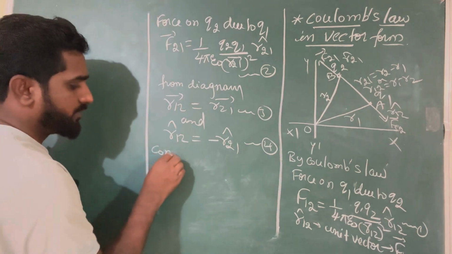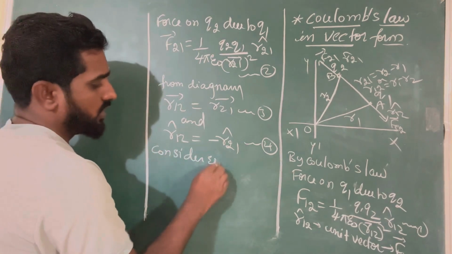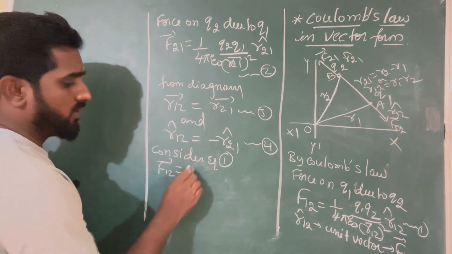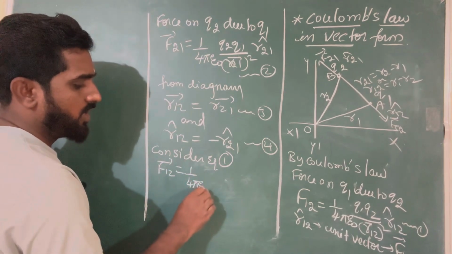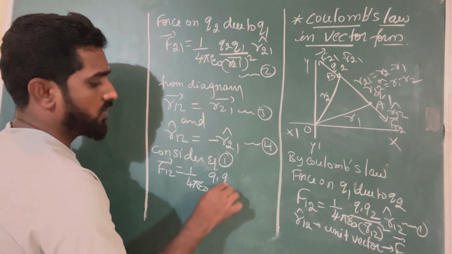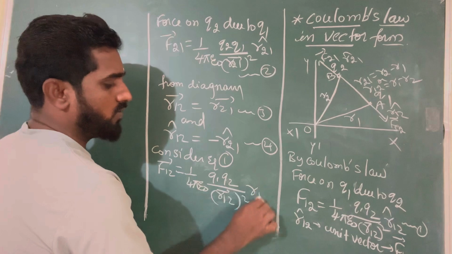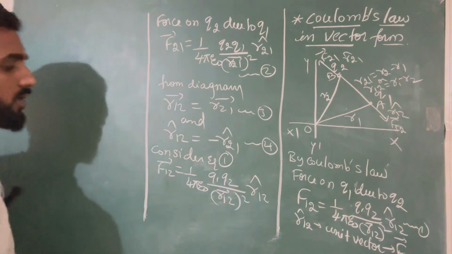Now consider equation number 1. What is equation number 1? F12 is equal to 1 by 4 pi epsilon naught q1 q2 by r12 square into r12 cap.